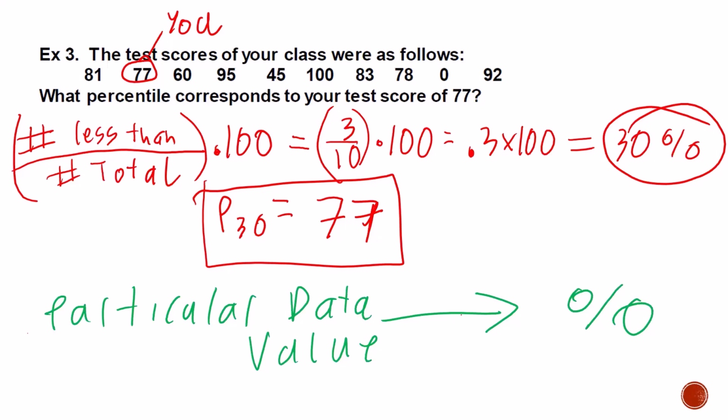Well, I'm thinking more meta. I found out how to take my test score of 77 and convert it to a percentile. I gave you a procedure for doing that. So I can calculate a particular data value and find its percentile. What else might you be expected to do?